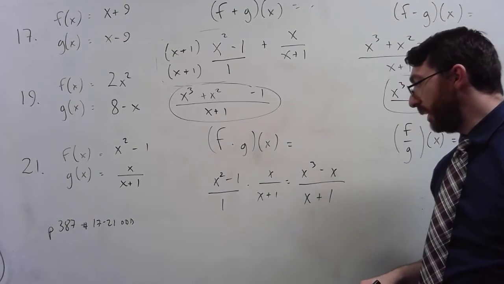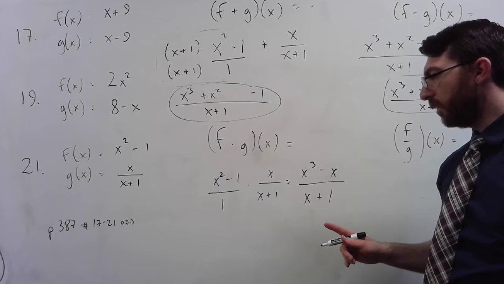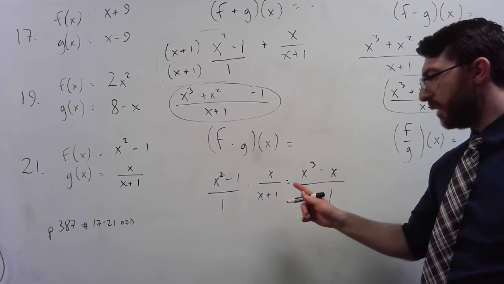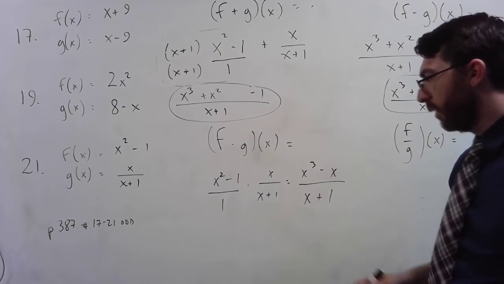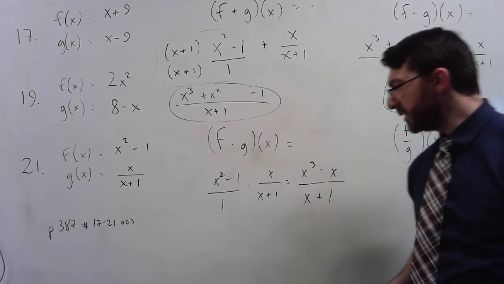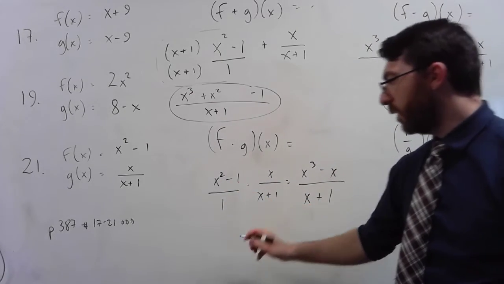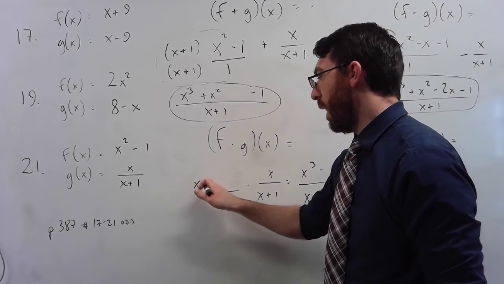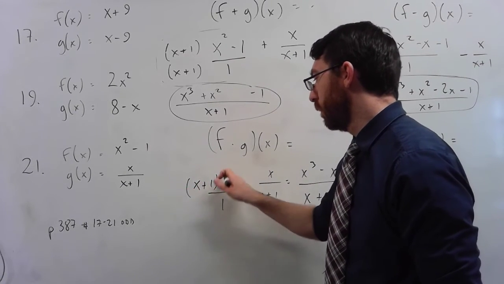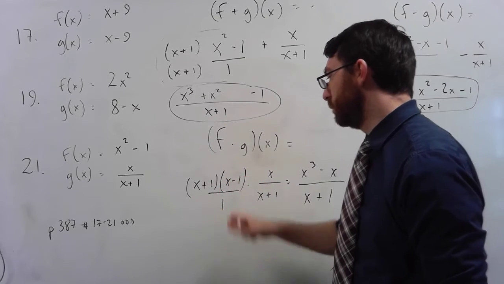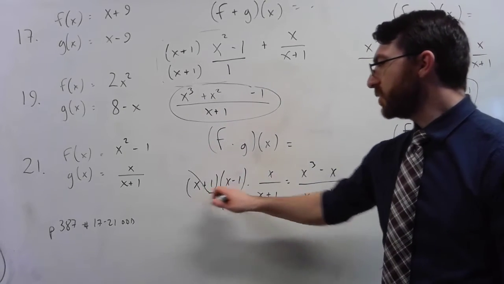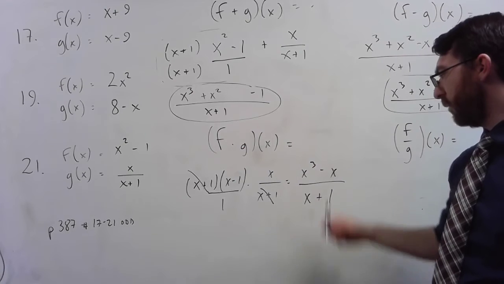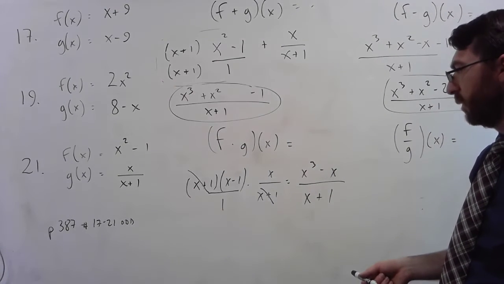They don't have any, hold on a second. Wait just a moment. This can be simplified. I've got to step back a second. X squared minus 1, well, that's x plus 1 times x minus 1. These should cancel out. So what factor do these have in common?